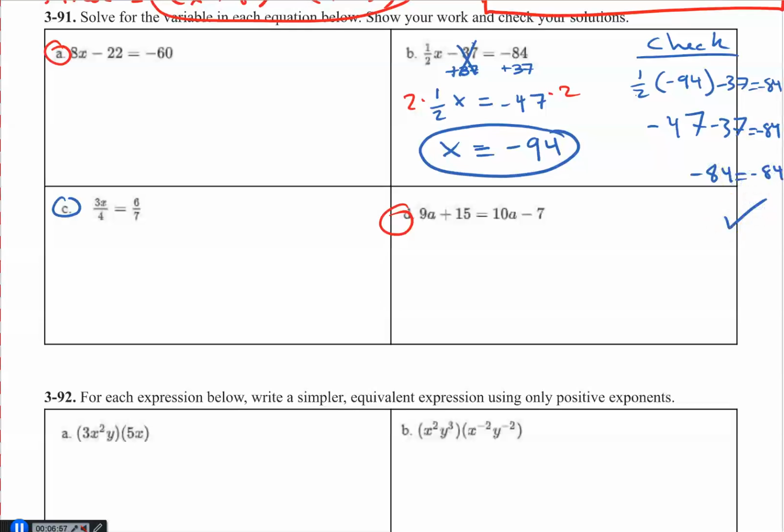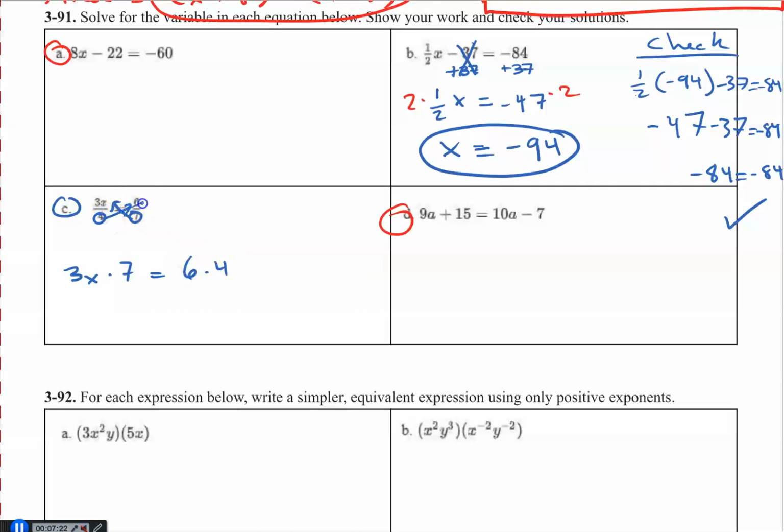All right, part C. Now, this one has 2 fractions, so what I'm going to do is use a technique called cross multiply. You take the bottom of each side and you multiply it across. So it's going to be 3x times 7 equals 6 times 4.